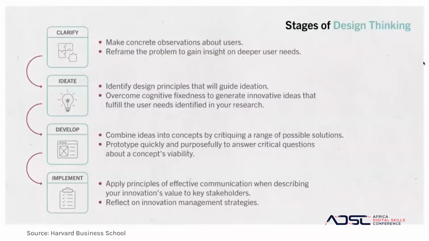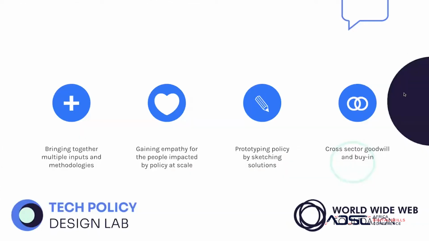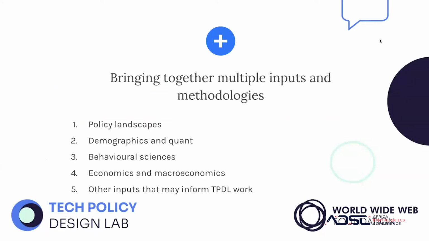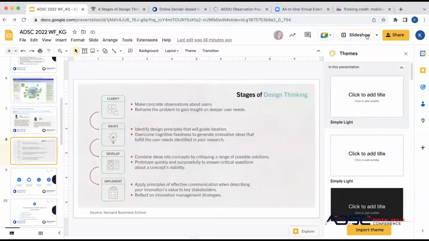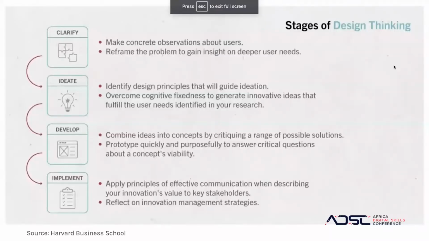If we look here, the credit goes to Harvard Business School, this is basically the 4 stages of design thinking, which you probably don't need for all problems.